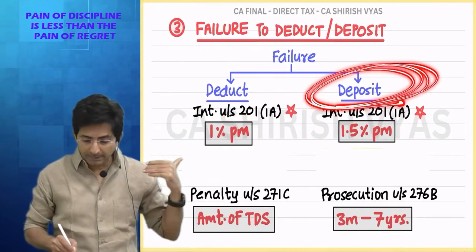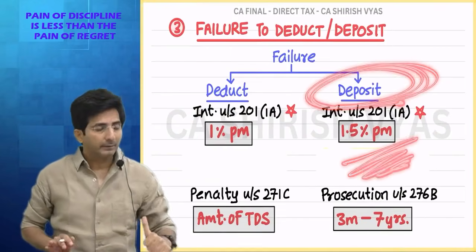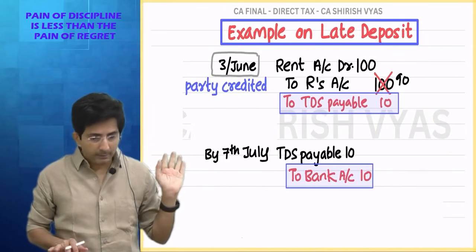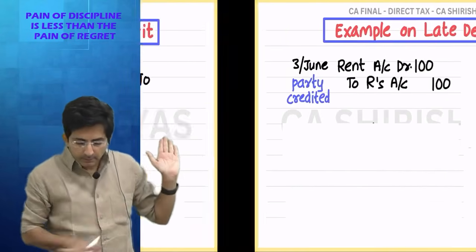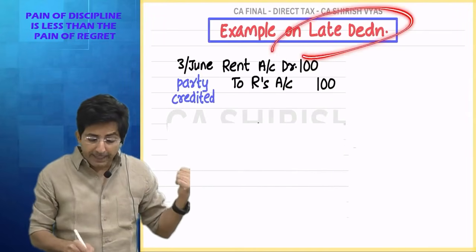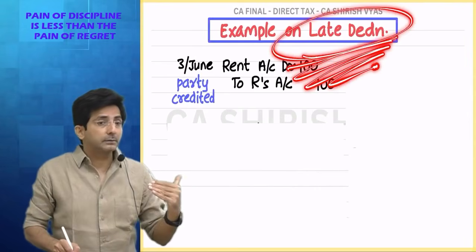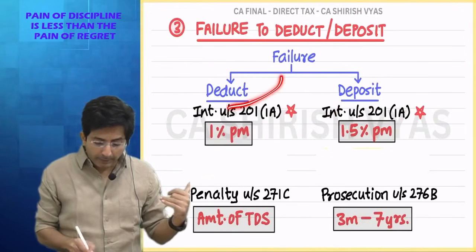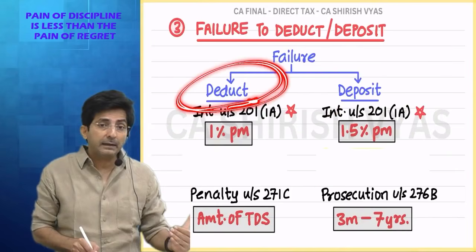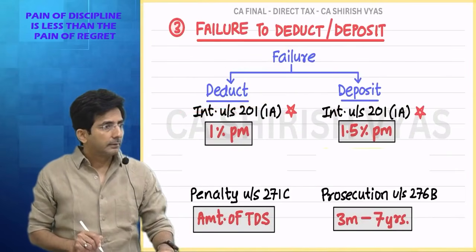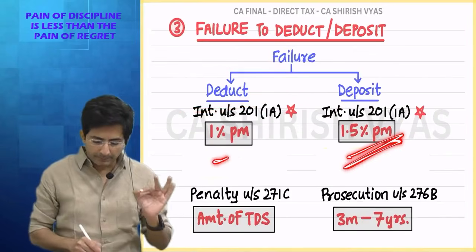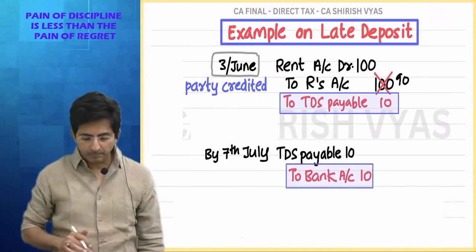So I will explain 1.5% working. This is example 1. Then see, I am sliding the page. The second example is on late deduction. Means you failed in deducting, or you deducted but late. So first example on 1.5, then on 1. Try this example. Try.